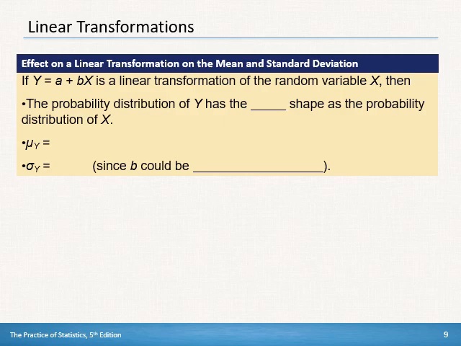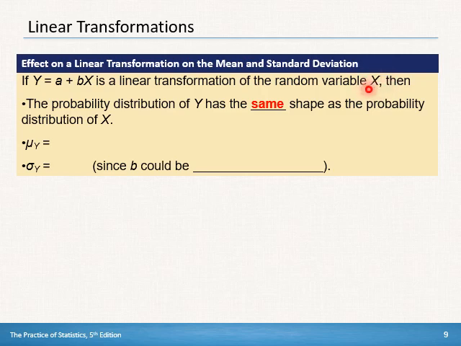So if y is the new random variable, and we're doing a transformation, taking all the values of the random variable x, multiplying by b, and also adding a, so we can do both at the same time, what happens to the measures of center and spread?